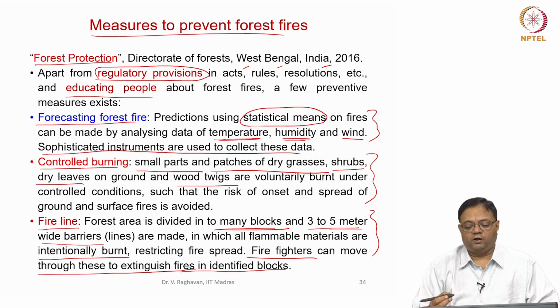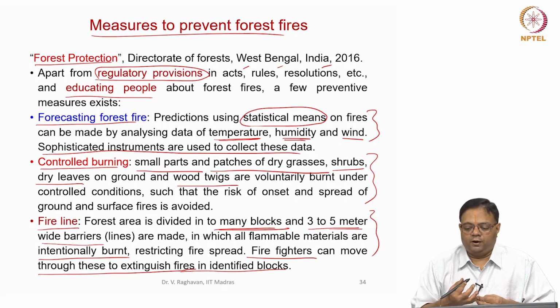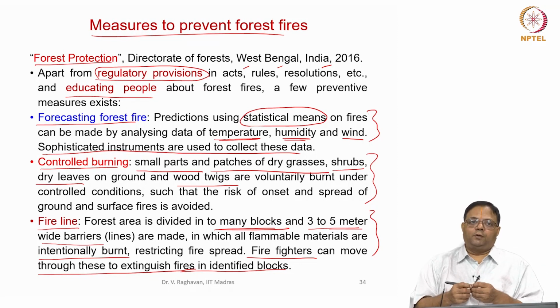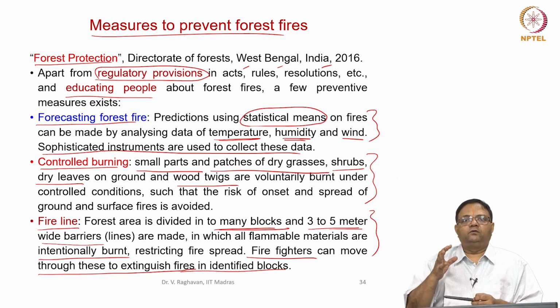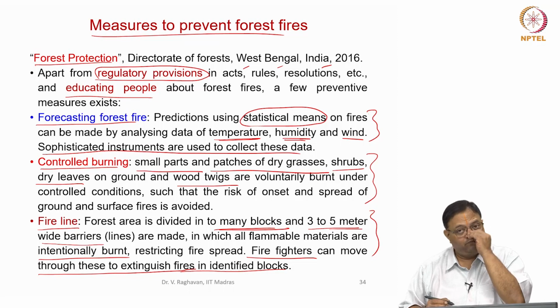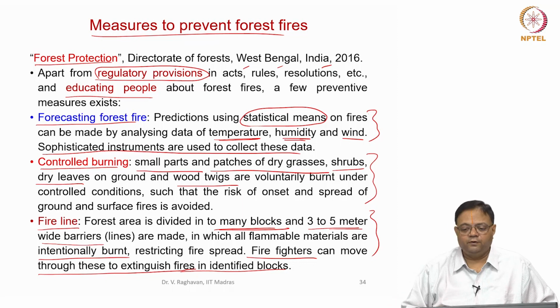Controlled burning is possible in some cases where you go and voluntarily burn the easily flammable components of the vegetation. Fire line is slightly complicated, but it can also be done to prevent the forest fire from spreading from one barrier to another barrier and so on. And also these lines will help the firefighters to go through the blocks and extinguish the fire as soon as possible. So these are the things.